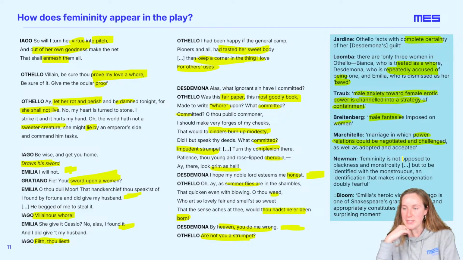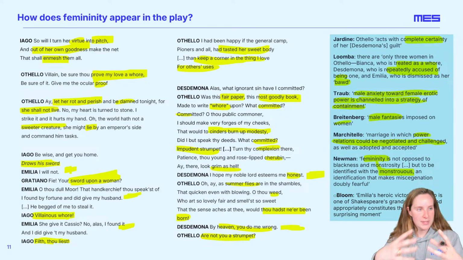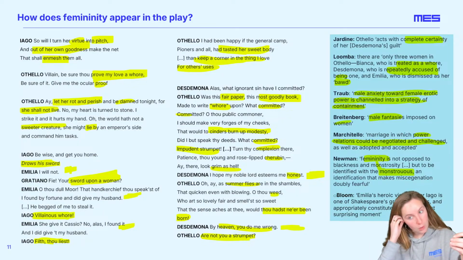Newman says, femininity is not opposed to blackness and monstrosity, but to be identified with the monstrous. An identification that makes miscegenation doubly fearful. So Newman says that for the Jacobeans, femininity is aligned with monstrosity because a woman who is deceitful is destructive and causes someone's downfall, is evil, and the women who can hide it and thus get away with it are even more monstrous because they're able to drag and seduce men along with it.